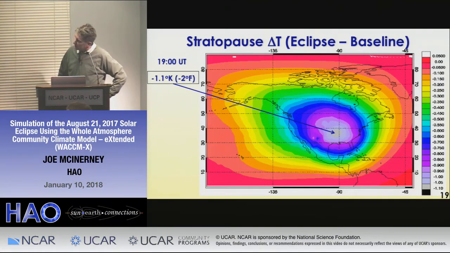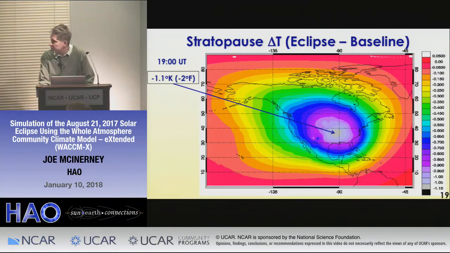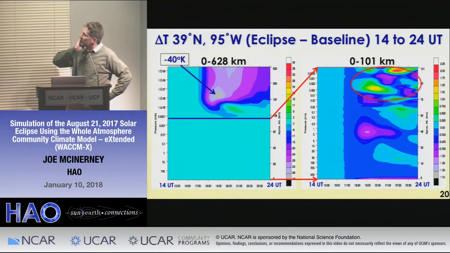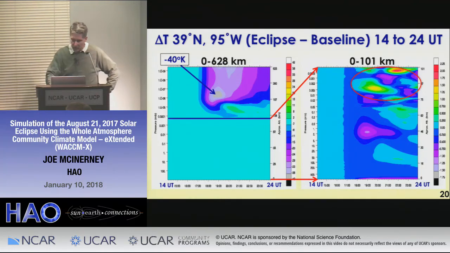But the interesting thing here is that this is actually lagging behind the surface temperature minimum. So it's interesting that there's actually a time lag as you go up in the atmosphere. So that's the stratopause. Now we can take a look at what's going on up here in the mesosphere and the mesopause, and there's a lot of variability up there.